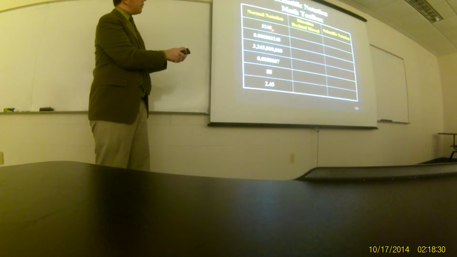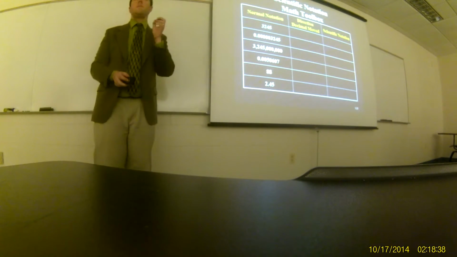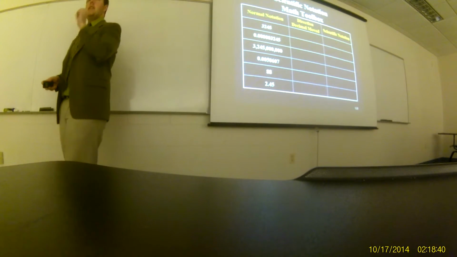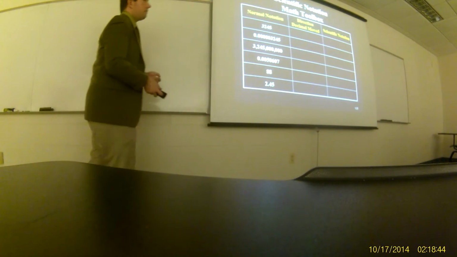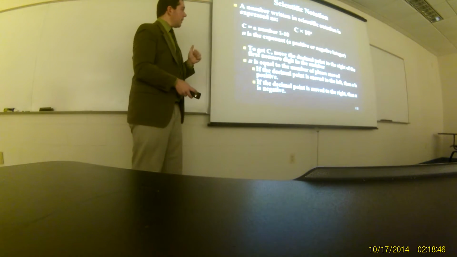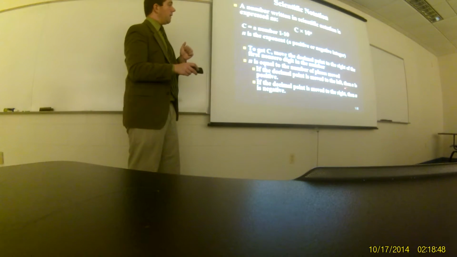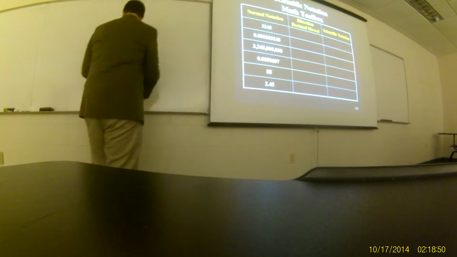How many places do we need to go to get from here to here? 1, 2, 3. We moved 3 places. N is 3. Do we move to the left or right? Left.